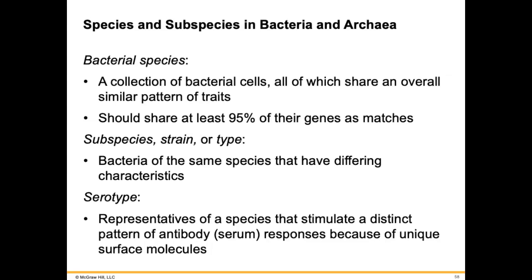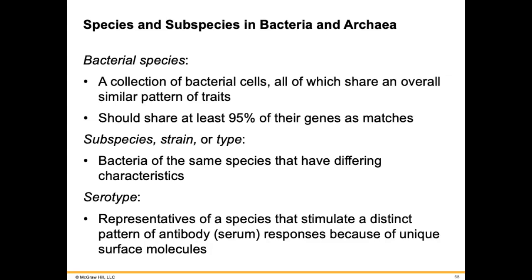That's like E. coli, and then you have various types of E. coli. Not all of them actually cause that food poisoning, that E. coli O157. So there's different types, different strains of E. coli, different subspecies of E. coli.